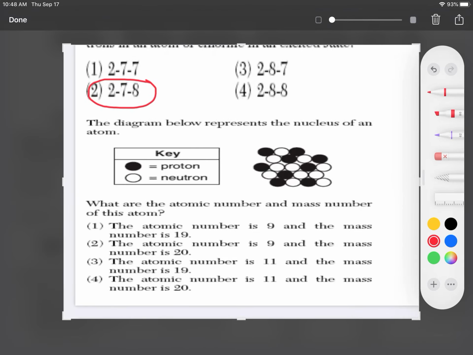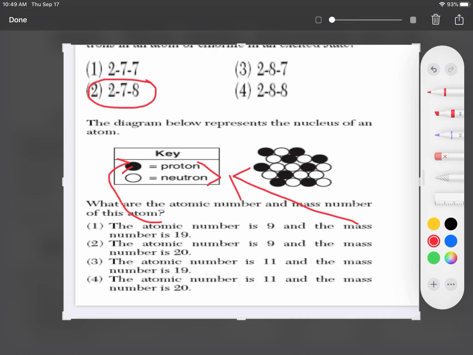The diagram below represents the nucleus of an atom. It says, what are the atomic number and mass number of this atom? Well, we learned that the atomic number is the number of protons, and the mass number is both protons and neutrons.